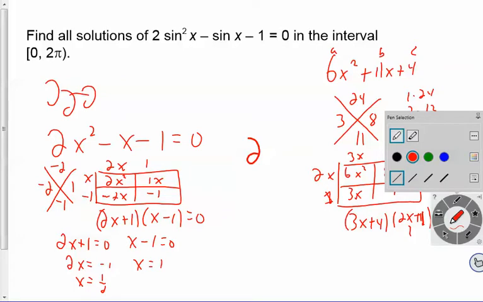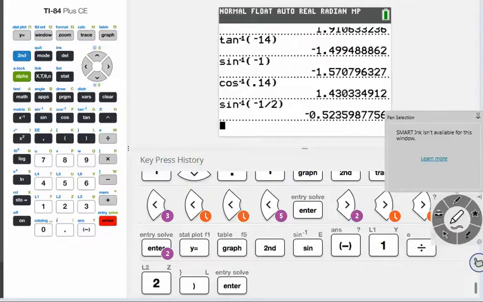But x is sine, so we're looking at where the sine of x is equal to negative 1 half, and where the sine of x is equal to 1. Where on the unit circle do those two things happen? So I'm going to take arc sine of negative 1 half, and I get negative 0.523.